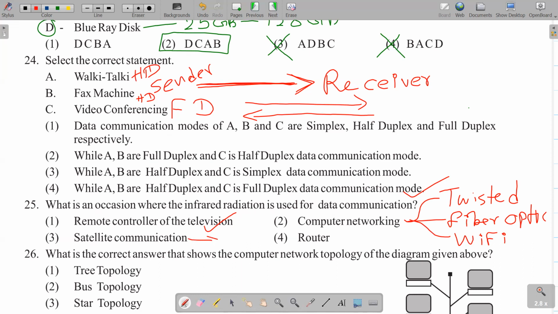For satellite communication, we use microwaves, right? So a router is a device, right? So the router is there to send you what? Wi-Fi signals, right? So the correct answer is going to be the first one, which has infrared radiation to do the communication, right? So for 25th it is the first one.